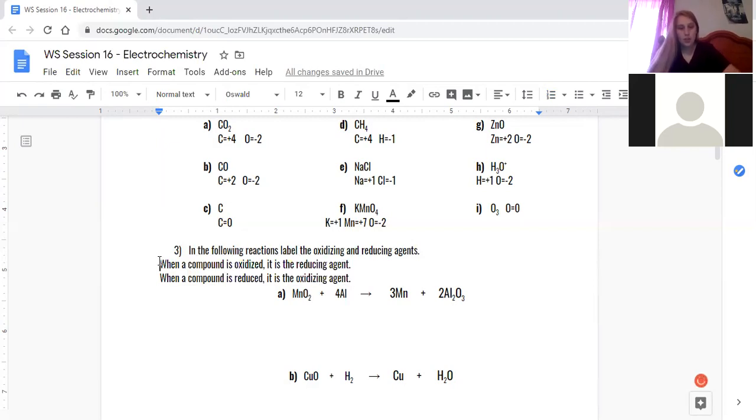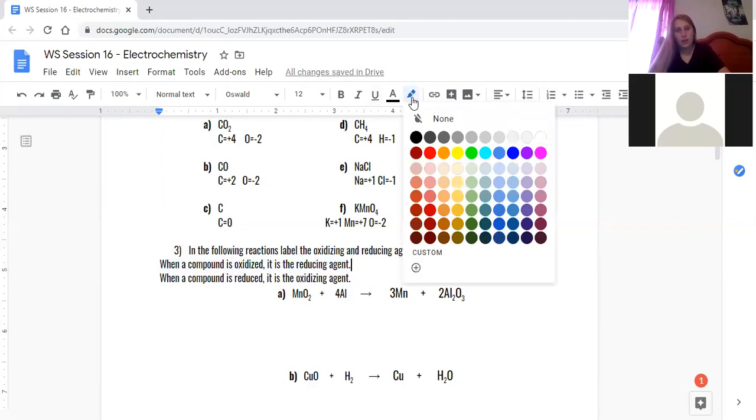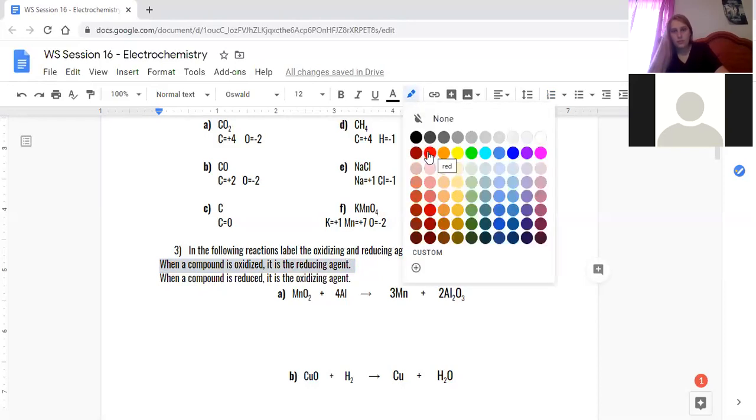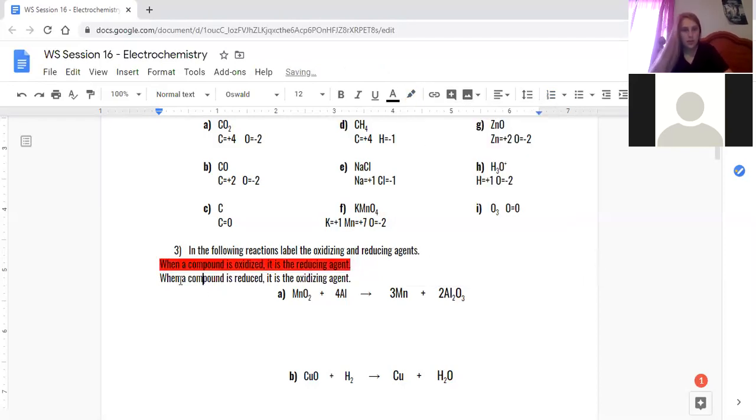So I'm going to highlight them so we can see what's what. We'll make the reducing agent red, I guess. Oops, it didn't work. Let's try it again. Yeah, there we go. We're going to make the reducing agent red.